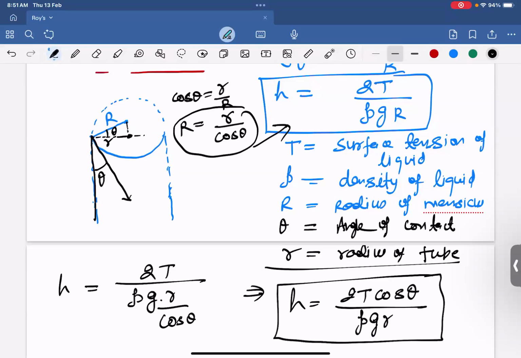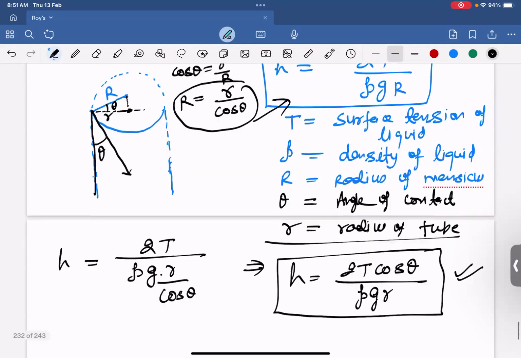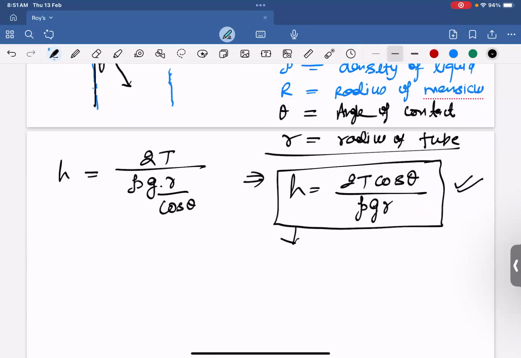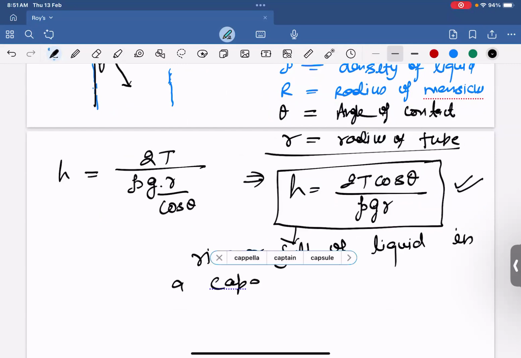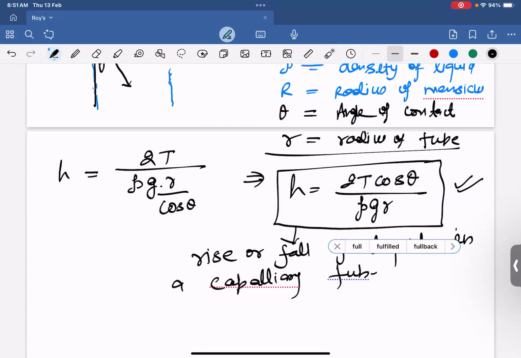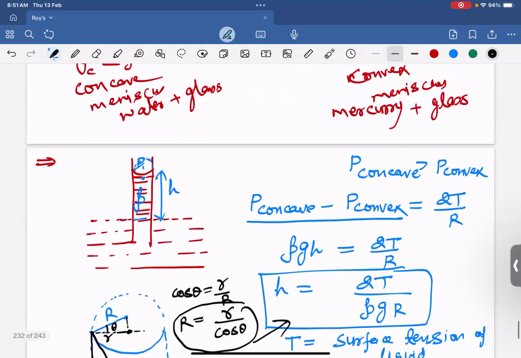This is the formula for rise or fall of liquid in a capillary tube. Understood, Neil? Yes, sir.